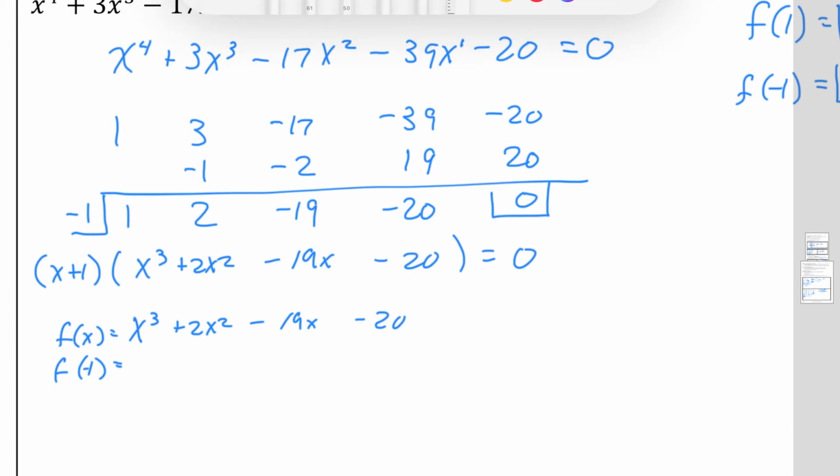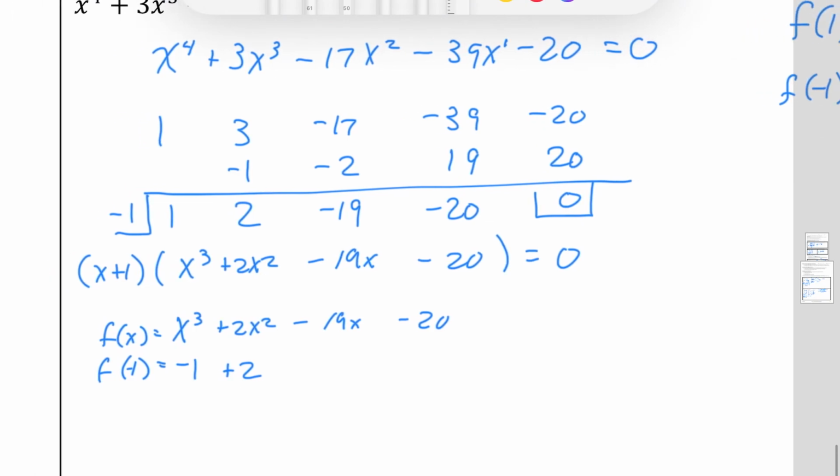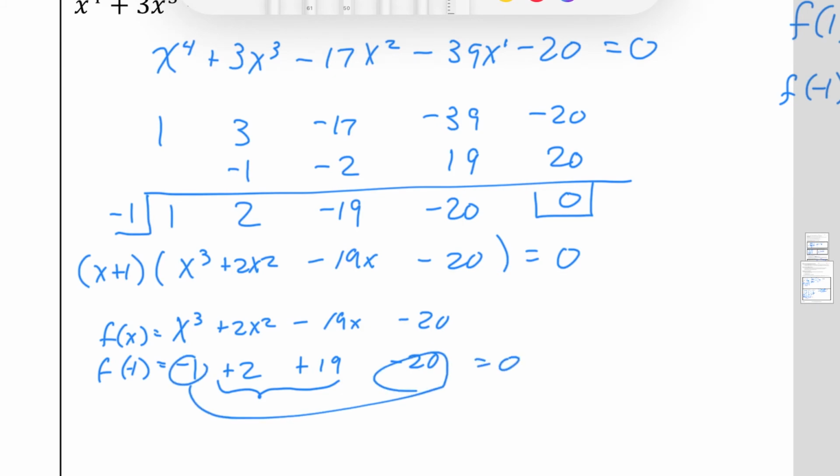If I evaluate it at negative 1, all the odd powers would change the coefficient, become negative 1 plus 2 plus 19 minus 20. And I see that this would give me a positive 21 and a negative 21 and equals 0. So there is a second factor and a second solution at negative 1.